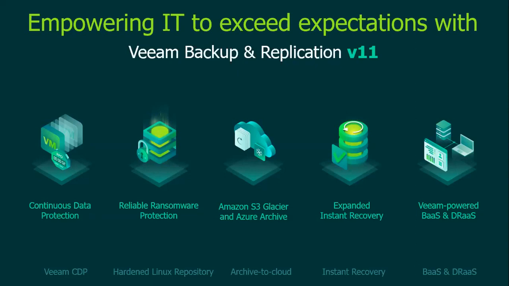You can create a policy and keep your compliance and long-term data on S3 Glacier. Similarly, with Azure, it's Azure Archive. So instead of using a tape or disk-based environment, you can utilize this cheaper storage available on the cloud. This is the new enhancement in V11.